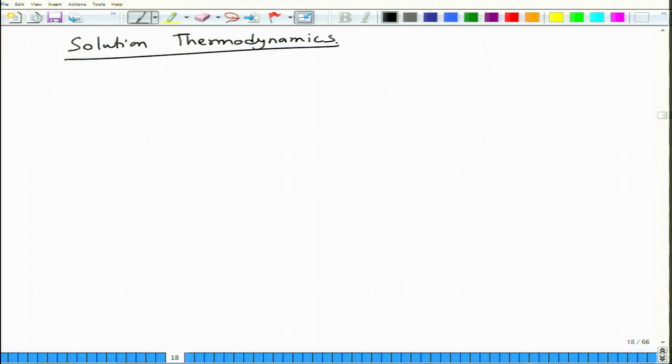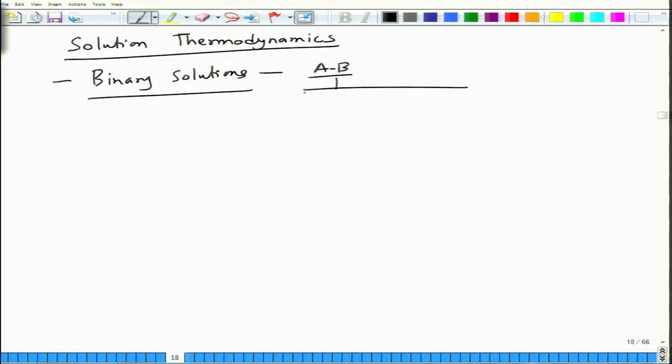As a result, we started with solution thermodynamics, and we looked at binary solutions first. Binary solutions are basically A-B kind of solutions, and these solutions can be ideal solutions, then you have regular solutions, and then you can have non-ideal solutions. Okay. So depending upon the level of ideality, you can move away.